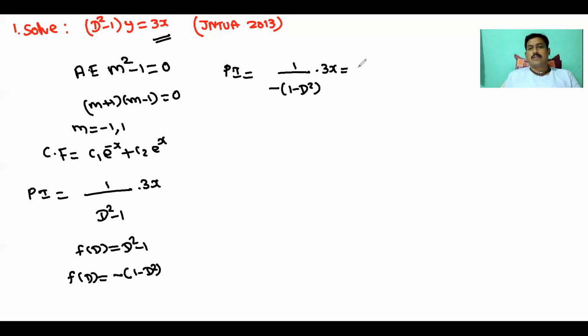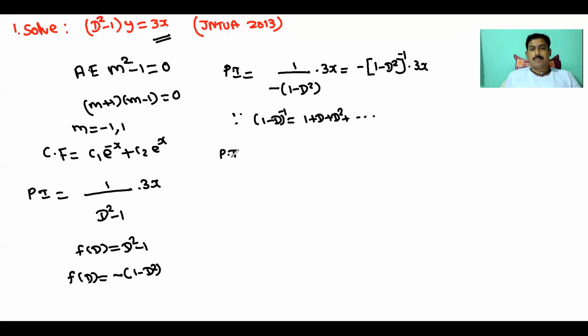Now I can write this as minus of 1 minus D square the whole inverse into 3x. Since it looks like the 1 minus D whole inverse form, we can write that as 1 plus D square plus etc.